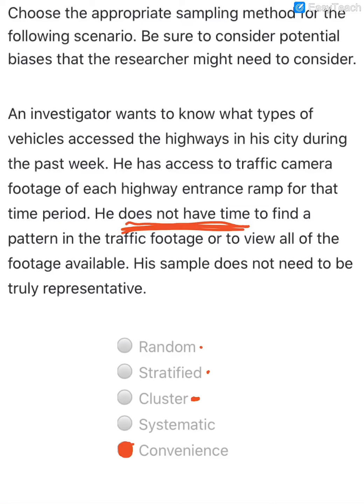You pick certain groups and you sample everybody, whereas with stratified, remember the word strata, you divide people up by things like age or gender or grade in school, and then you randomly go in and sample people from each of those different groups. And then of course we have the systematic, like the previous example where we looked at every 15th person.